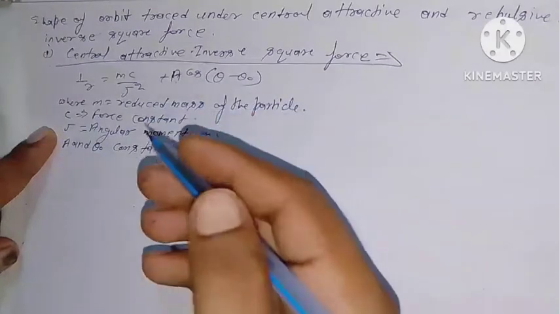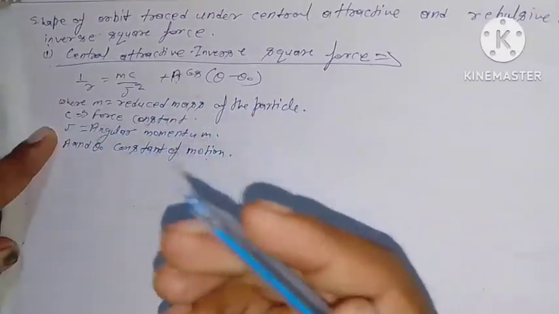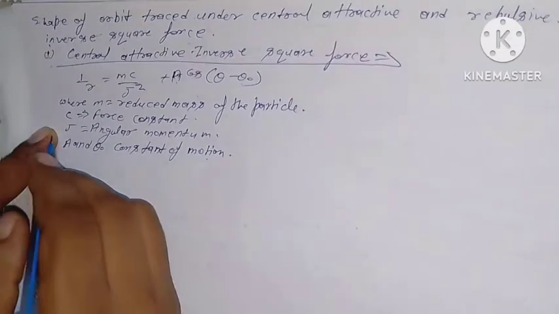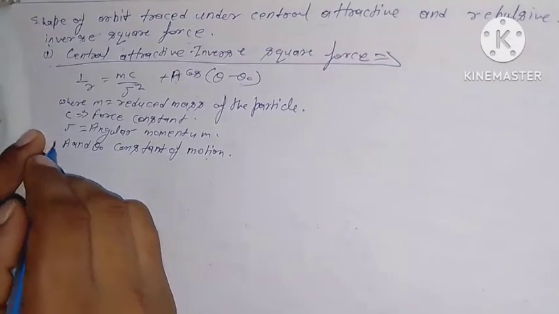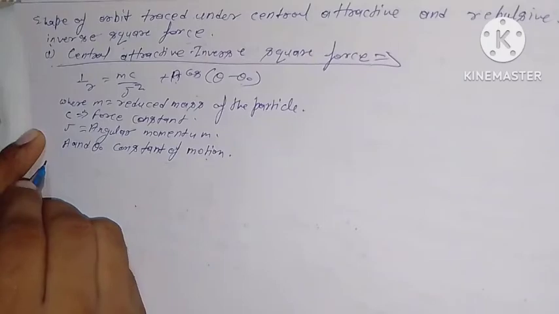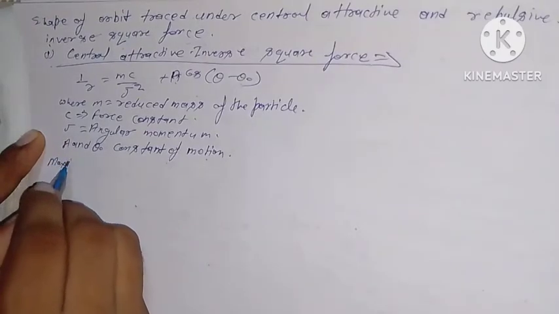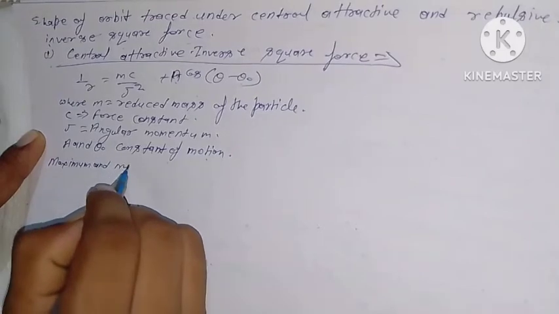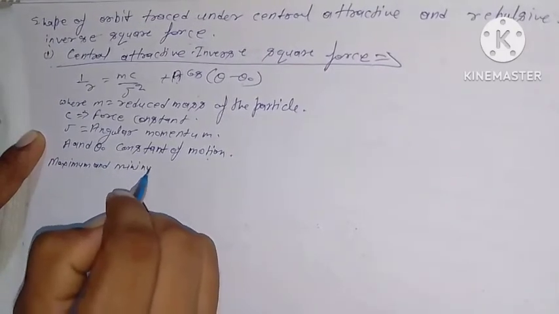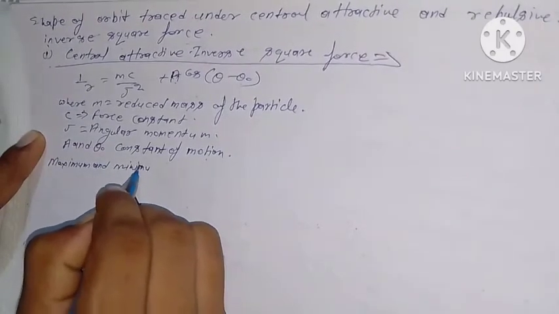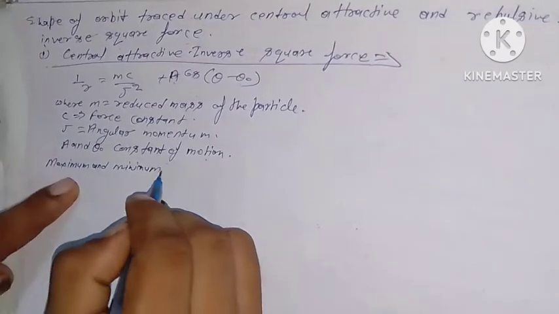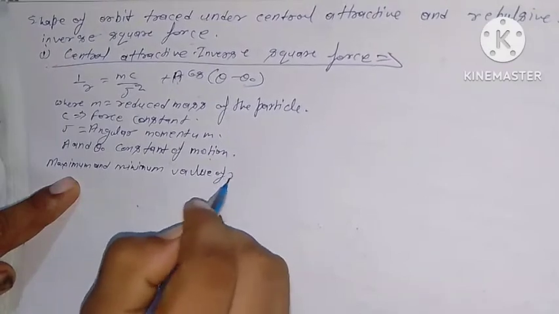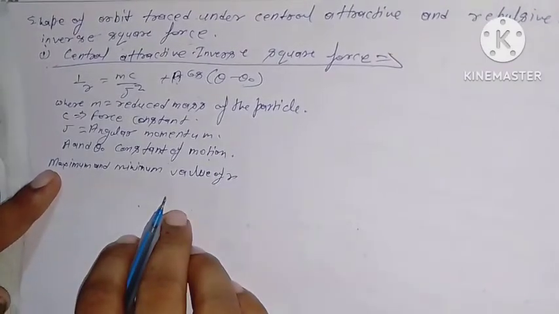To find the value of A, we shall find the turning point of the trajectory of the particle, that is, the maximum and minimum value of r.